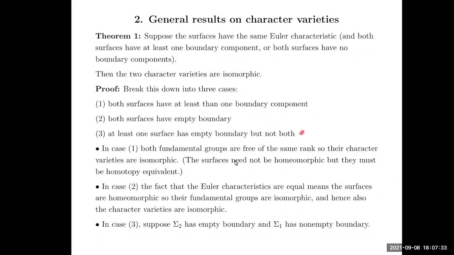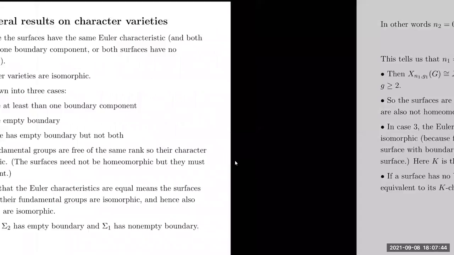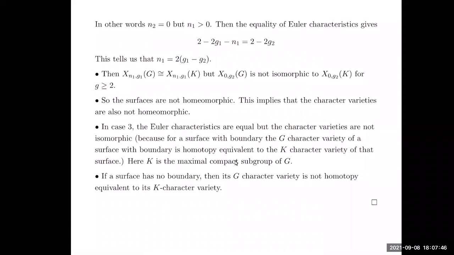In the third case, let's suppose that the second surface has no boundary and the first one does have a boundary. In other words, n2 is 0, but n1 is bigger than 0. So the equality of Euler characteristics tells you that n1 is equal to twice the difference of the genera. So let me denote by K the maximal compact subgroup of G.